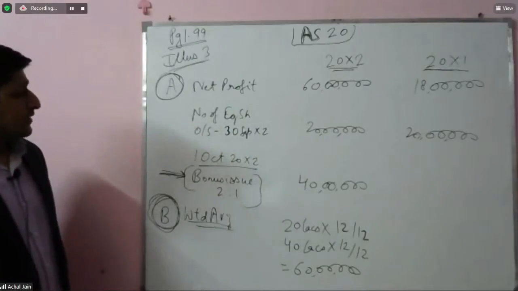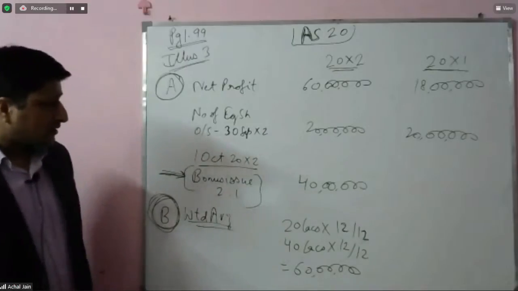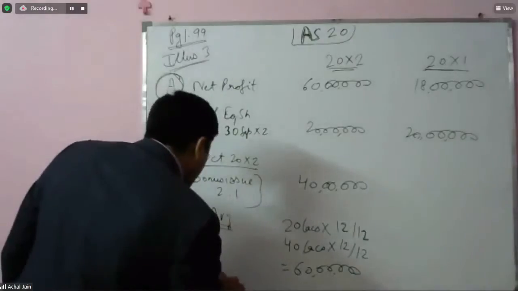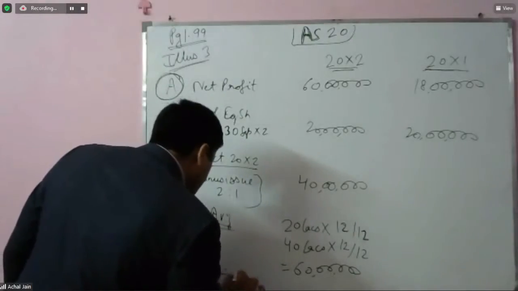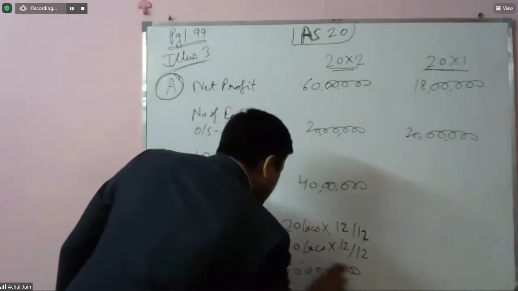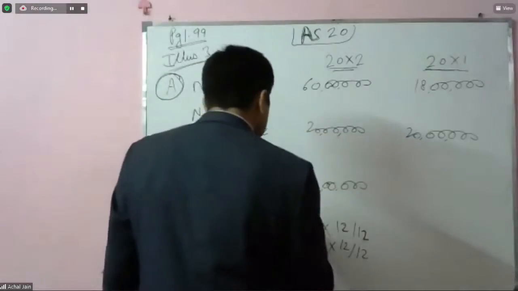Now, if I have to compute earning per share, how do we compute this? A divided by B. So what do I get? I'll just clear this one. This I know is 60 lakhs.